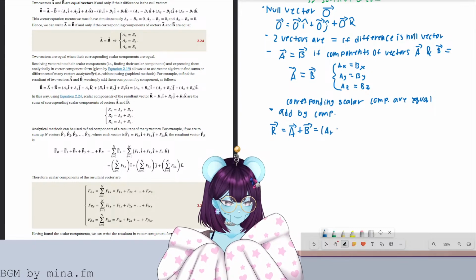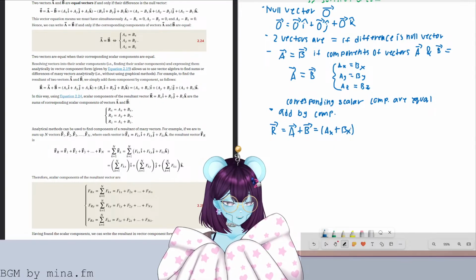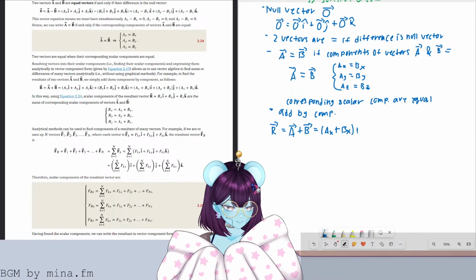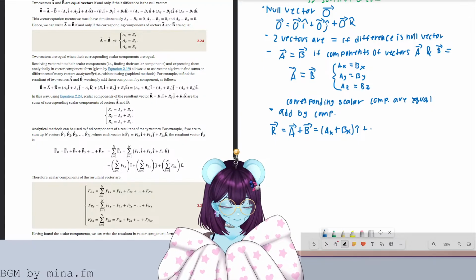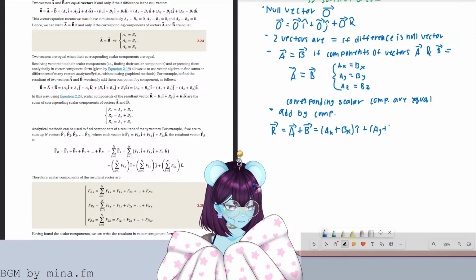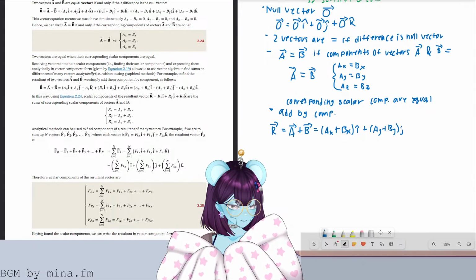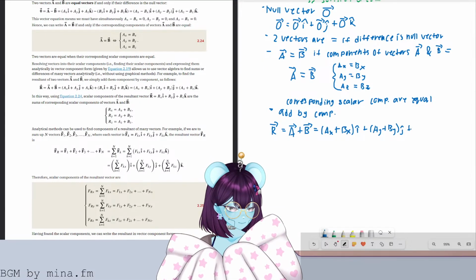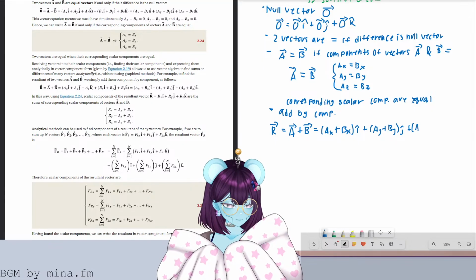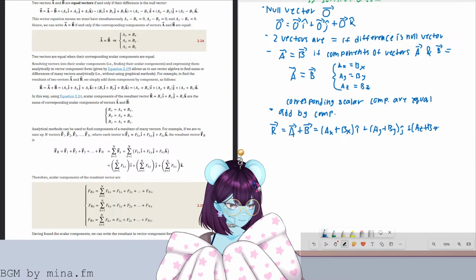So we got ax plus bx, then the i hat, plus ay plus by, then the j hat, and then we got az plus bz, and then the k hat.